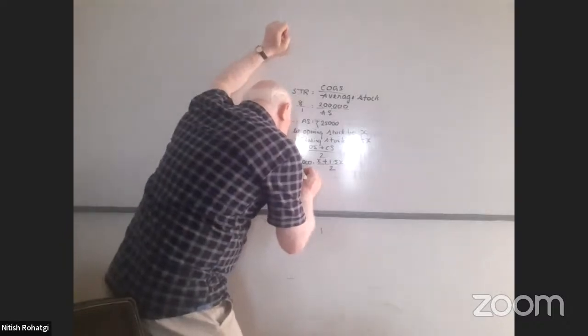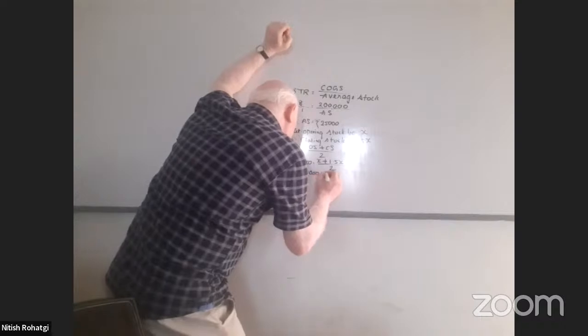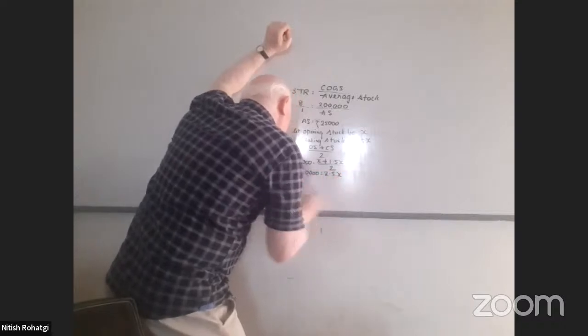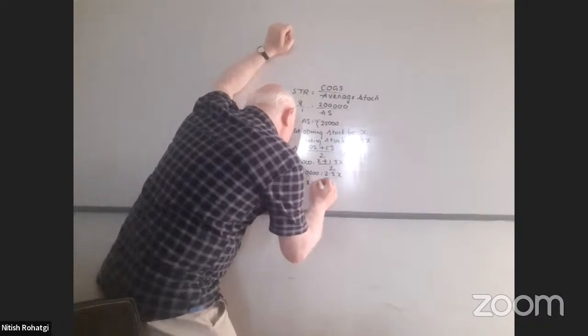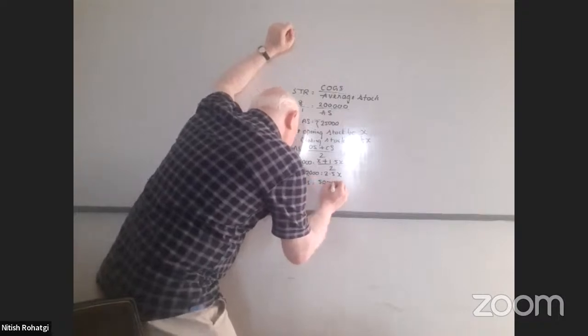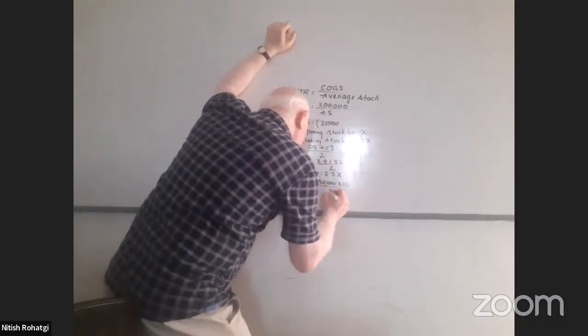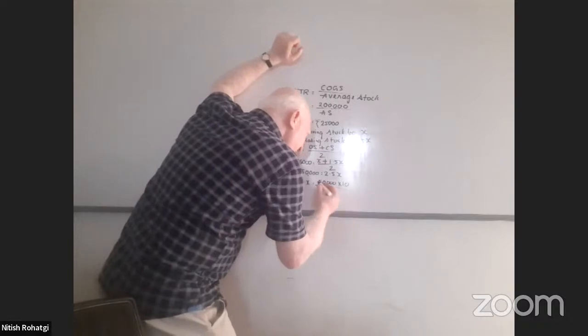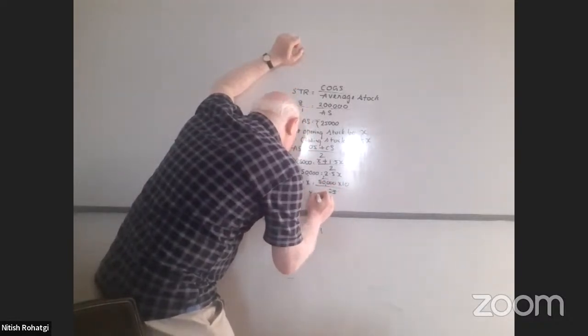So what we get? 50,000 is equal to 2.5x, or x is equal to 50,000 into 10 by 25. Yes or no? X is equal to how much?